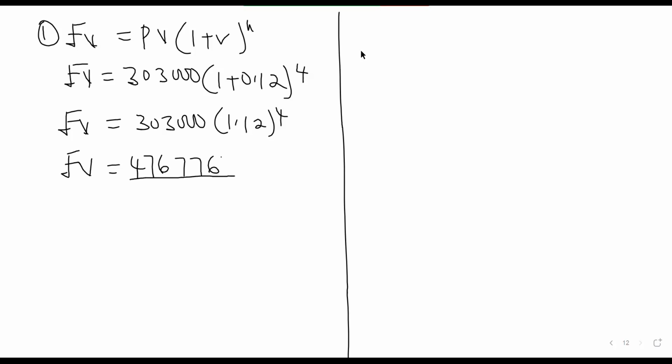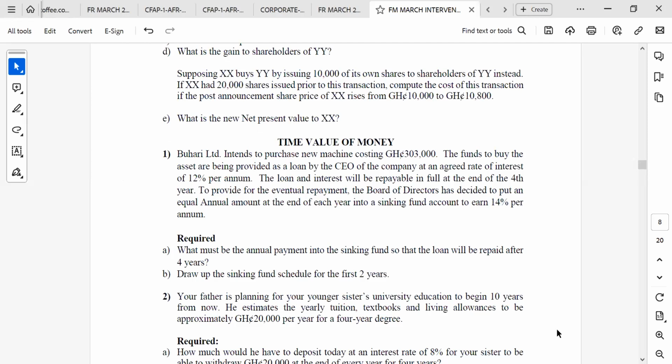So you want to be putting an amount somewhere every year so that at the end of the 4 years, you'll be able to get this amount and pay. So this is now the future value, and this is the amount that you'll be contributing every year. The question they're asking now is what must be put aside to provide for the eventual repayment, the amount you'll be paying at the end of the 4 years.